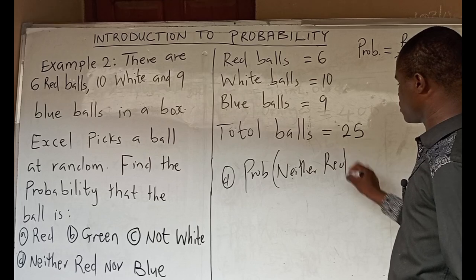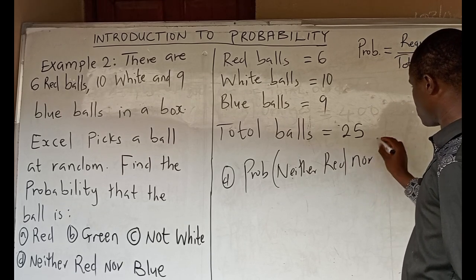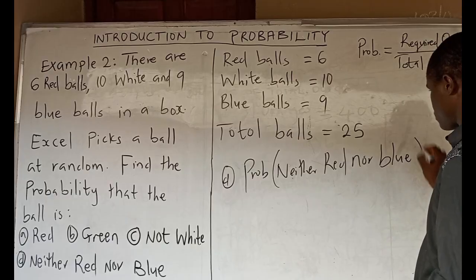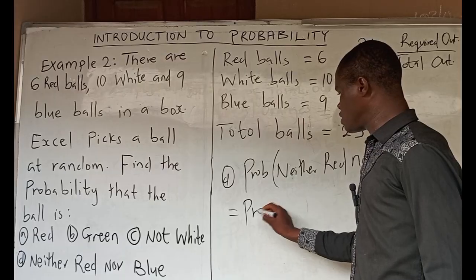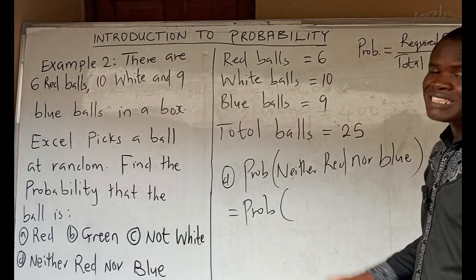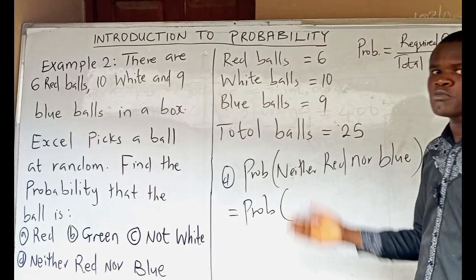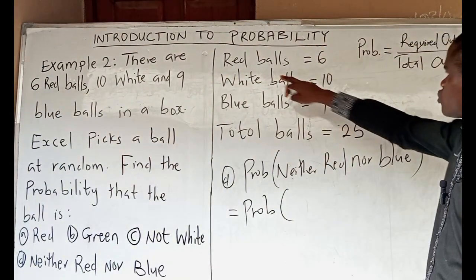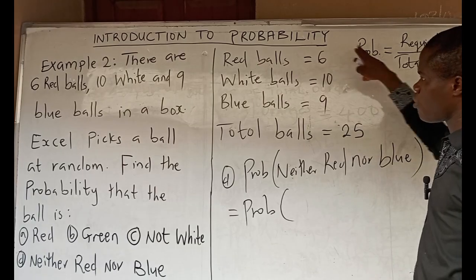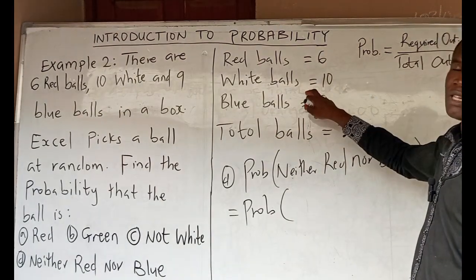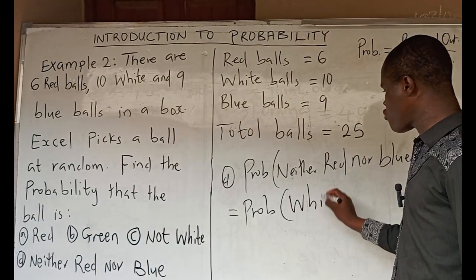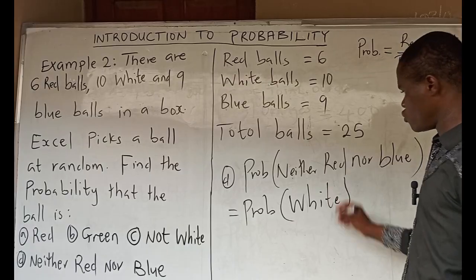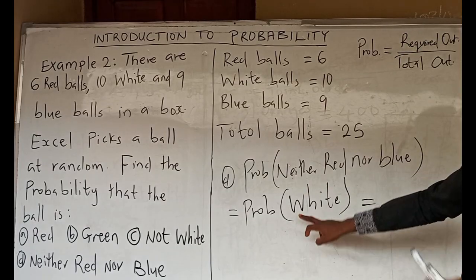Question number D. The probability of neither red nor blue. So this means remove red balls, remove blue balls. Look at this: not red balls, not blue balls. Then it means it is white balls. So it is the probability of white balls. Our required outcome is what?